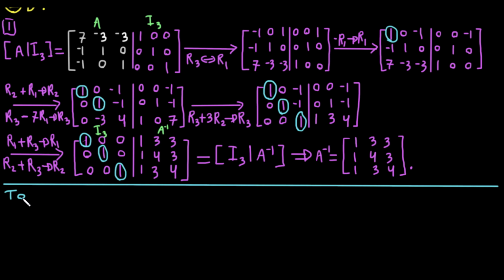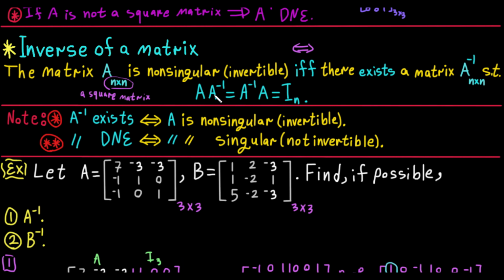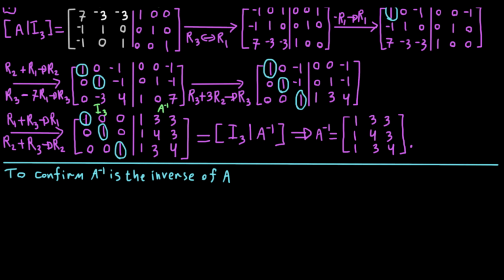To confirm that A inverse is the inverse of A, we just have to apply this definition. A multiplied by A inverse has to be the identity matrix.